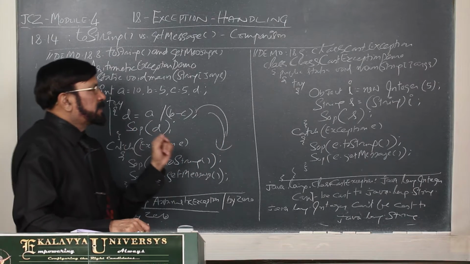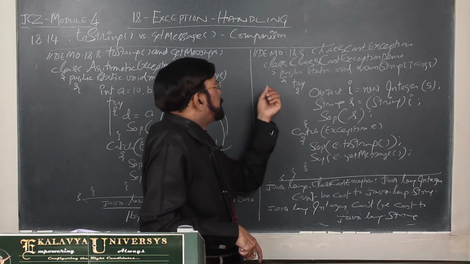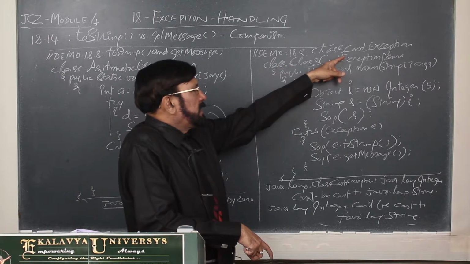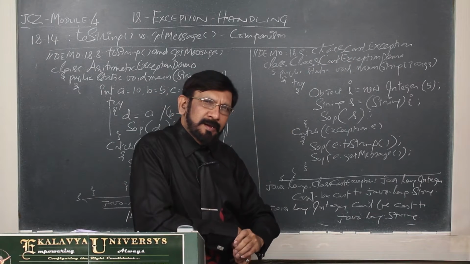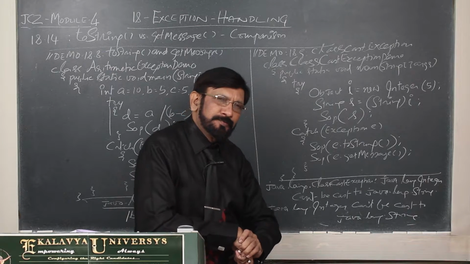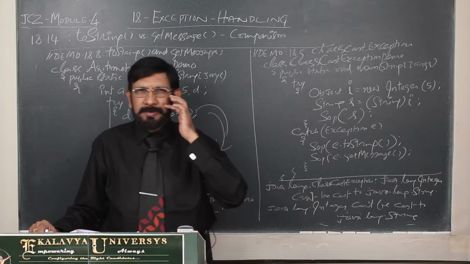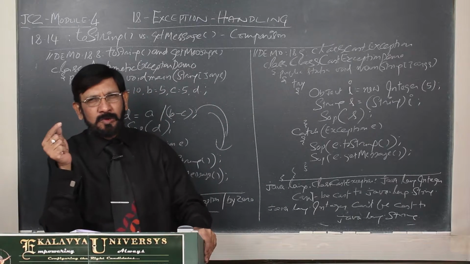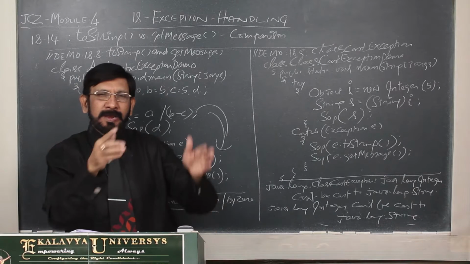Okay. Next, I am giving one more example in order to crystallize this concept. This deals with ClassCastException, which was already explained in the previous chapters. Like primitive data types, classes also can be cast, but they should belong to the same family.